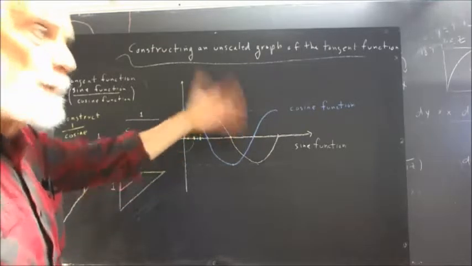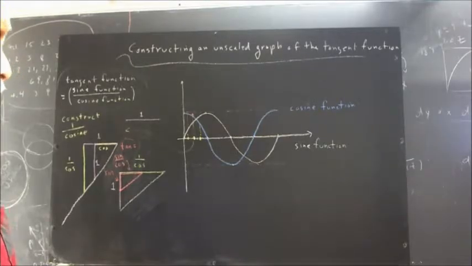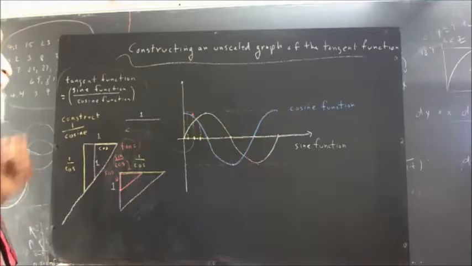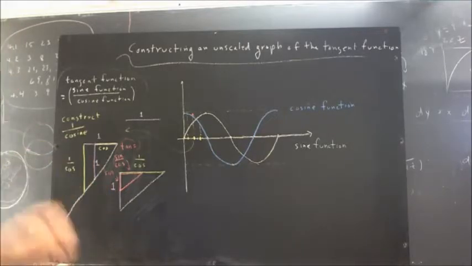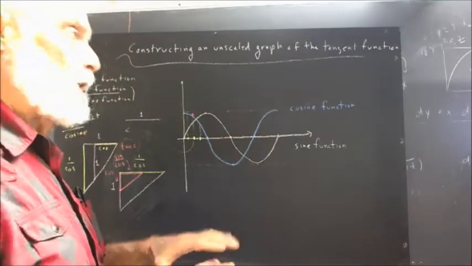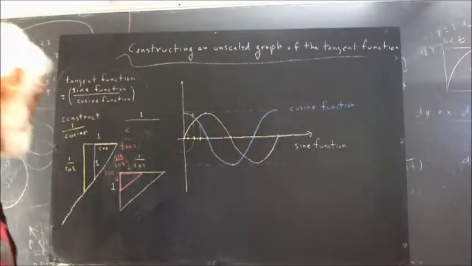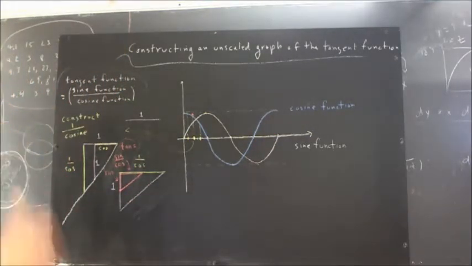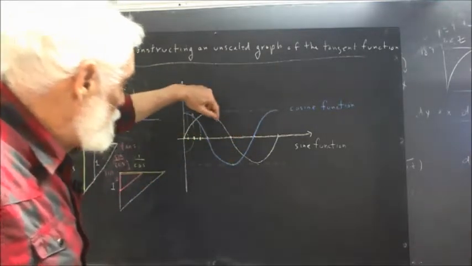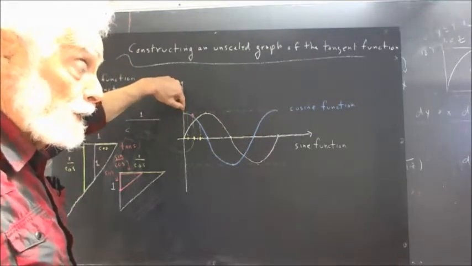Now, we do this for every point of the graph. Of course, we can't because there are infinitely many points, but we do it for a representative sample. And the whole idea is that since we can construct a dense set of points on the graph of the sine function and then complete that so that the sine function is defined for every real number, we can construct a dense set of points for the cosine function.